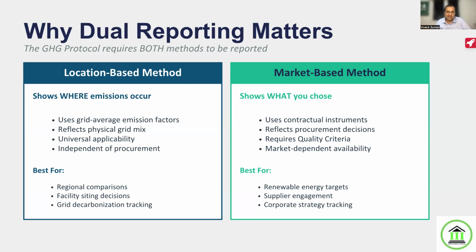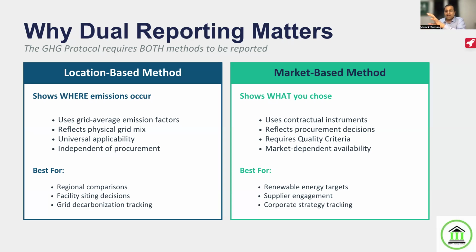Don't do average. Last year in 2022, 2023, the average was 0.712. That number has changed now. Clear? So this method reflects the physical reality of the grid mix, which is coal, natural gas, and nuclear, along with renewable blend. So location based shows you that.